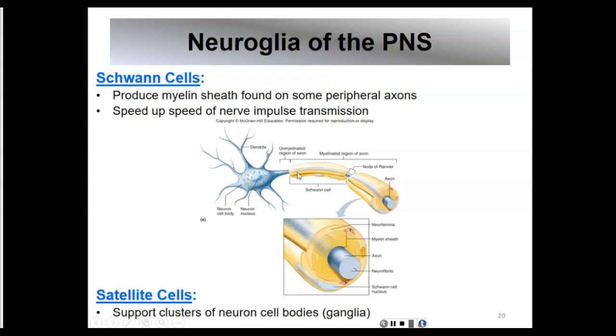But with these Schwann cells in here, that signal will literally jump over one Schwann cell to the node of Ranvier and to the next one. This increases the speed greatly. When there's no myelin on here, it has to travel the length of it, and so that signal is a little slower. There's also in our PNS a structure called a satellite cell. It supports clusters of neuron cell bodies, or ganglia.